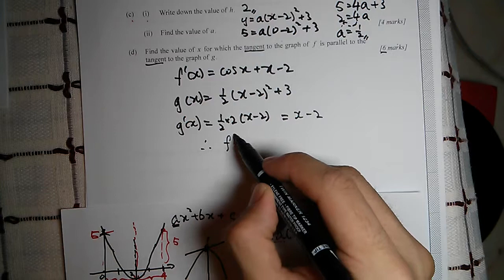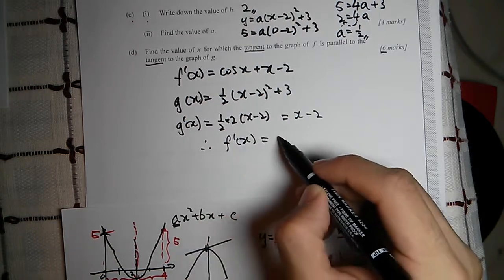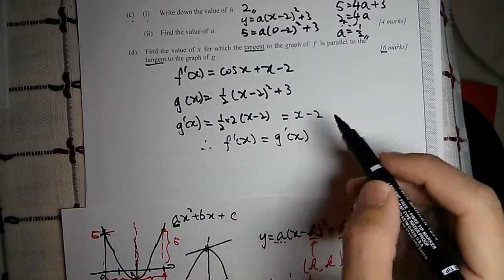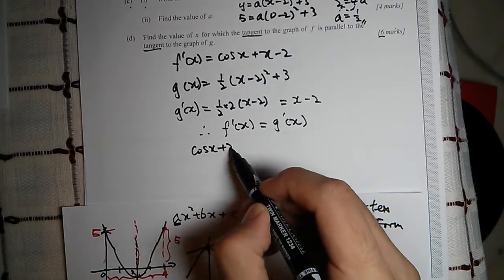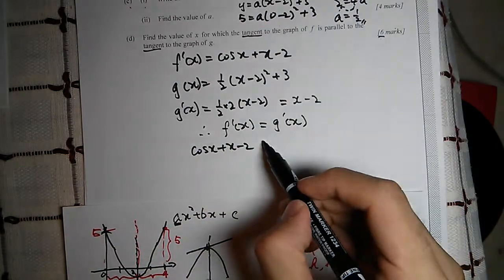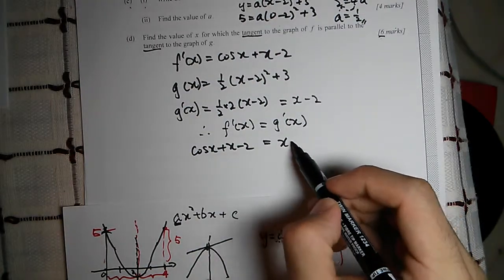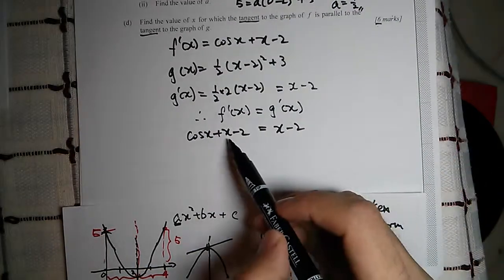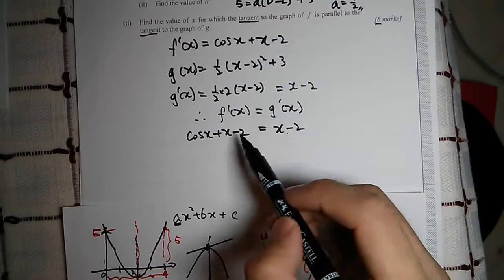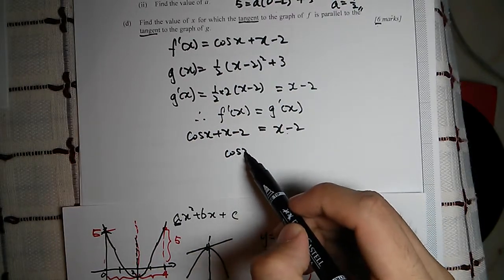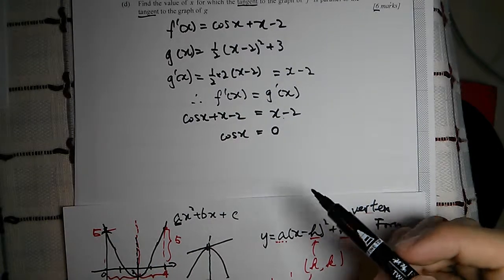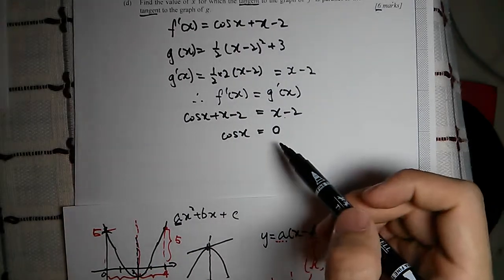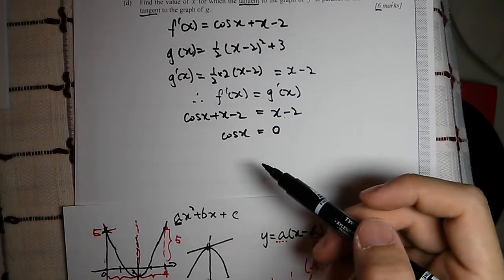So you are looking for f prime x to be the same as g prime x, which gives you cosine x plus x minus 2 equals x minus 2. And obviously x minus 2 cancels out, so cosine x equals 0. Again, this is paper 1. You have to find a way to get the value of x yourself.